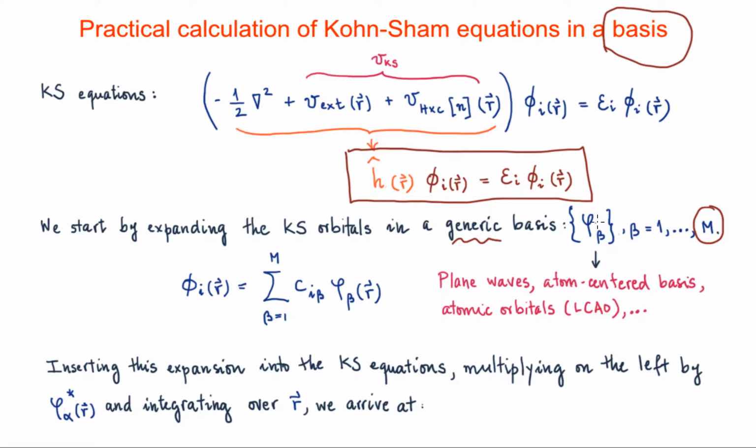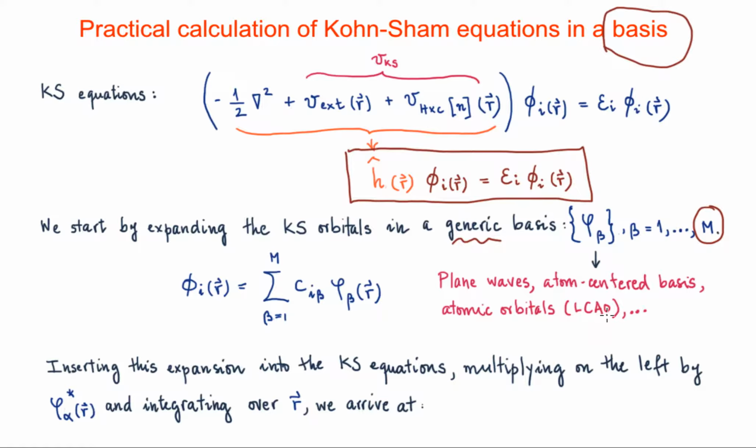Of course, there are many different possibilities, different kinds of basis that people consider in order to do this expansion. You have plane waves, which is one possibility that is very commonly used in physics, for example. But you also have other possibilities like atom-centered bases or atomic orbitals, which give the approximation called the linear combination of atomic orbitals.